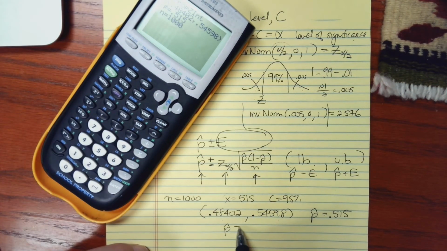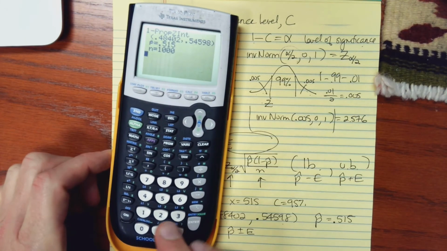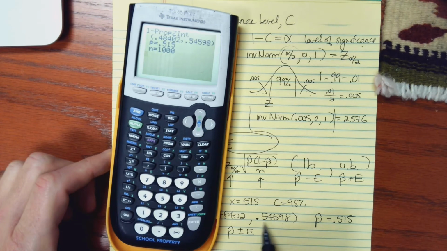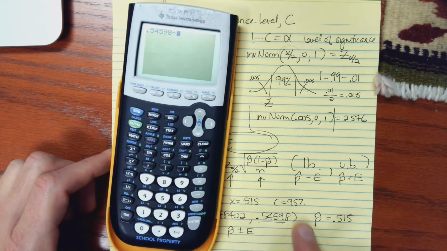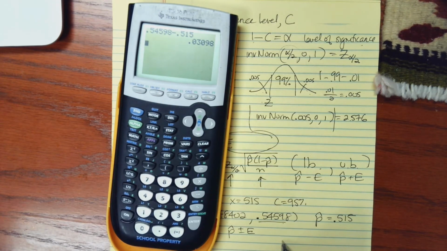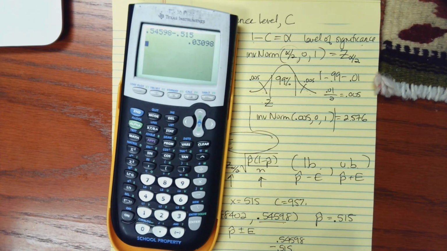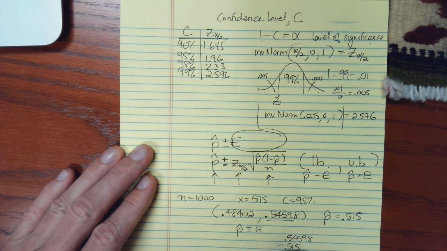That's p hat plus or minus E. So if you take one of these values, for instance the upper bound here, 0.54598, and subtract p hat, 0.515, the answer that I'm getting is 0.03098.